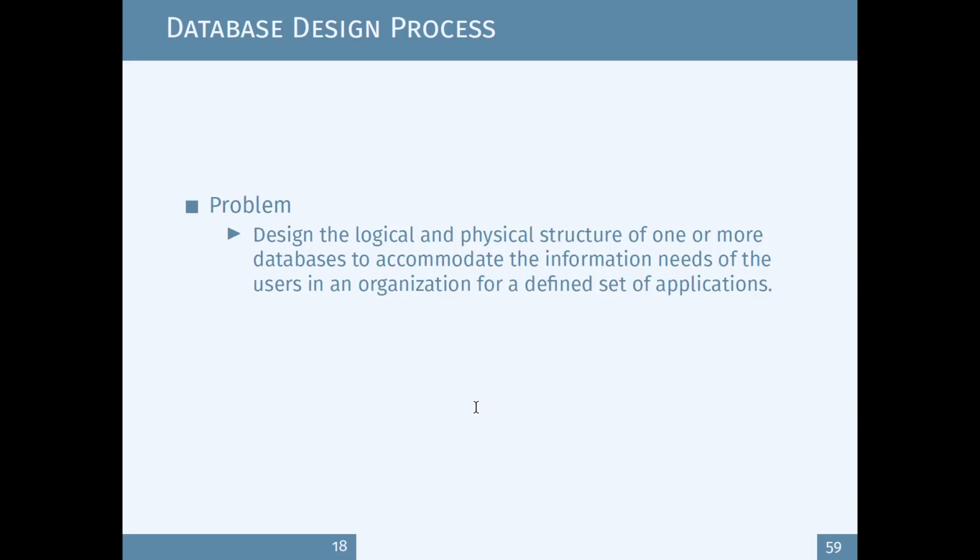Ideally, during the design process, we are trying to answer a problem. What is the problem that we are trying to answer? We are trying to accommodate the information needs of different users in an organization.